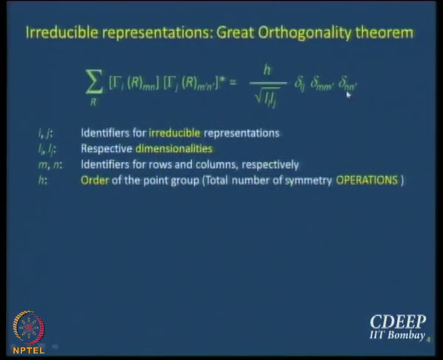Just looking at this equation, are you reminded of something? We will derive this of course, but just looking at this, what is the impression that you get? Do you get any impression? What are we dealing with?